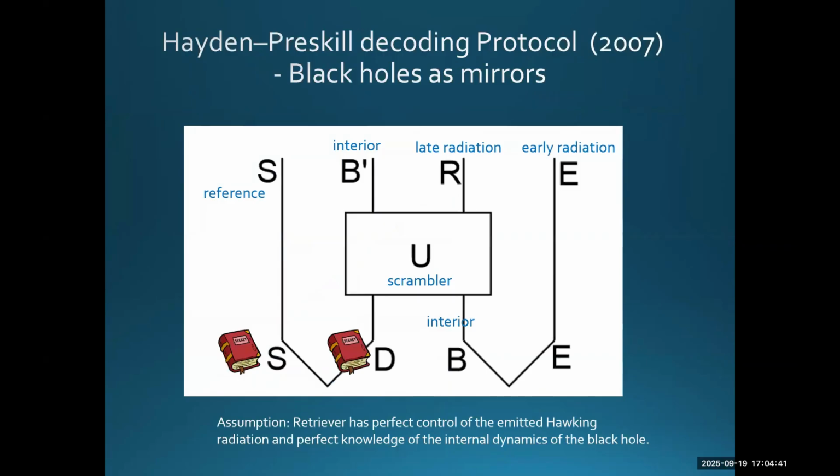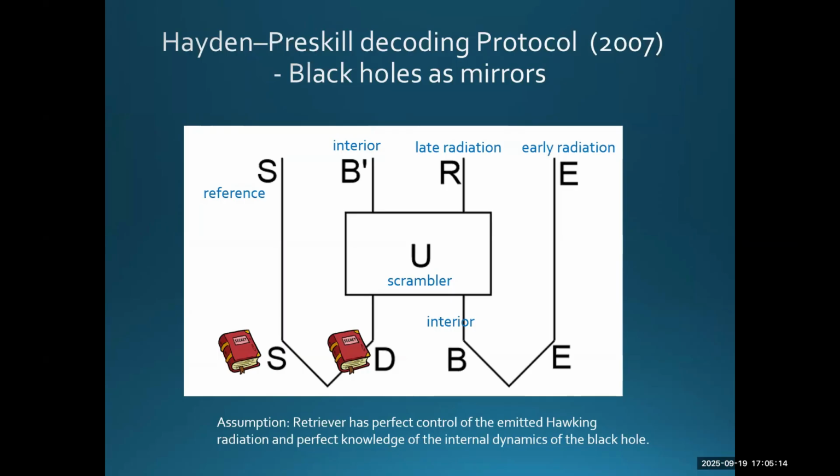And what's the relation between deep learning and black holes? As you know, Hayden and Preskill show that when a black hole crosses the Page time, if you put a book into the black hole, then you can recover the information of the book using late radiation.